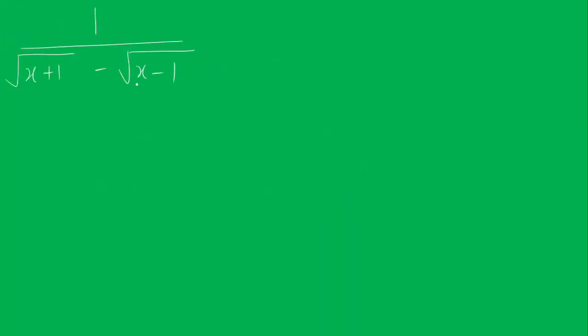Now, to rationalize the denominator, these are irrational real numbers. Since they are irrational, we need to rationalize them. To rationalize them is to square this and square this.